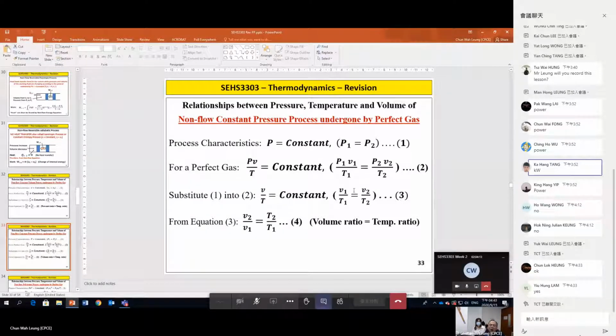This can also be rewritten as the temperature ratio T2 over T1 being exactly equal to the volume ratio, V2 over V1. So if we know the volume change, we can also predict the temperature change.